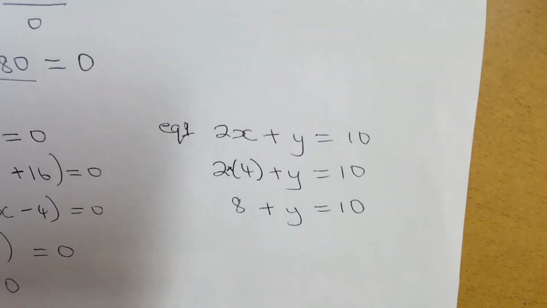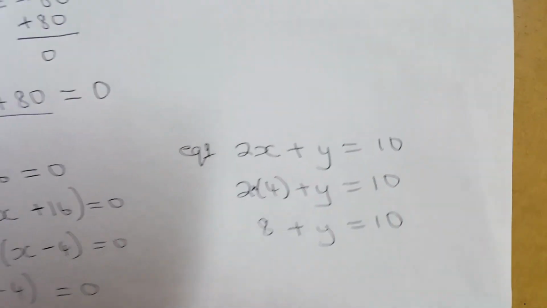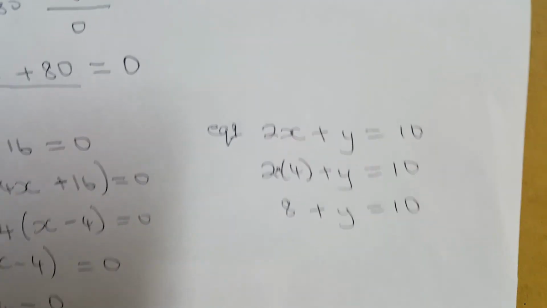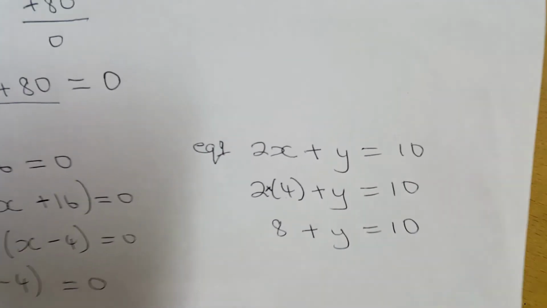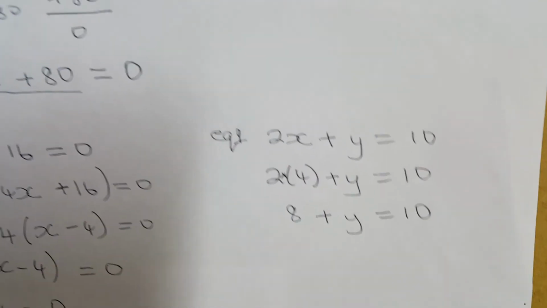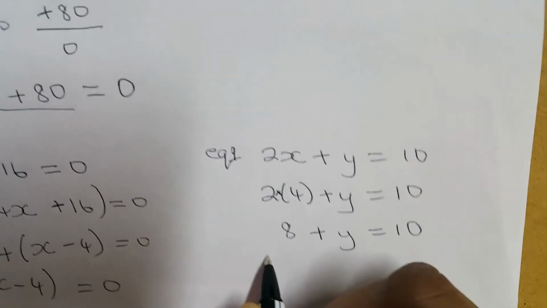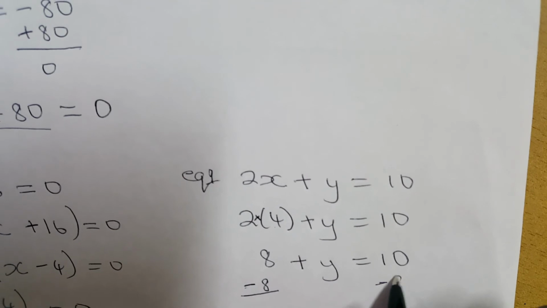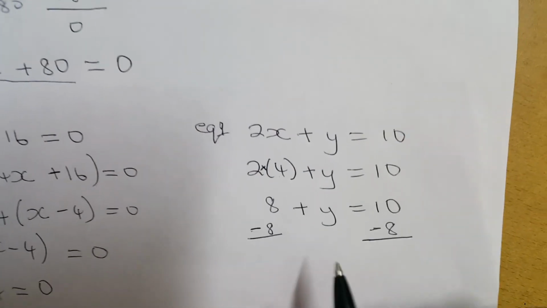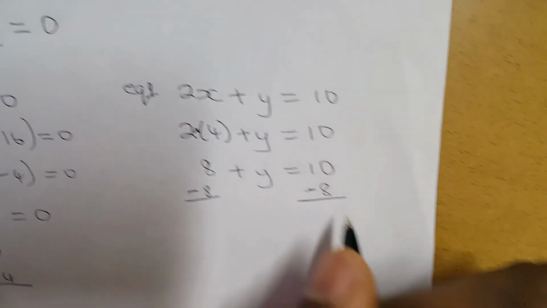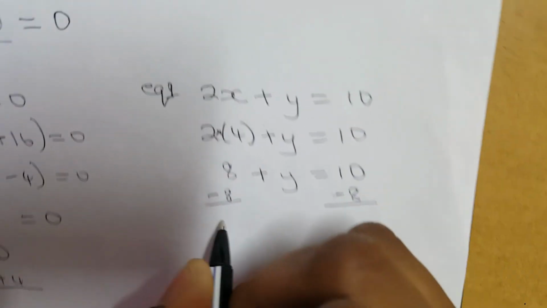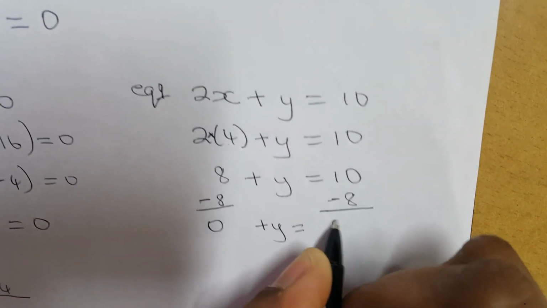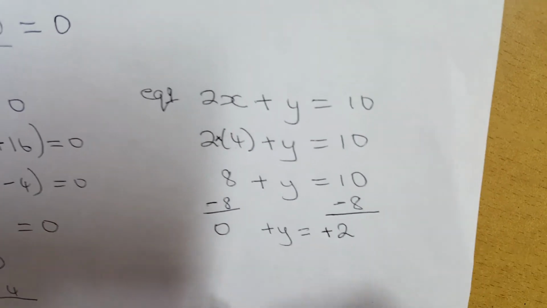Now by just looking at this, you can really just guess a value for y if you have mastered addition by this stage. If you're not so confident, then you can still go ahead and eliminate the extras from one side in order to leave a variable by itself, and anything you do on one side you have to do on the other, and so we are left with positive y is equal to positive 2.